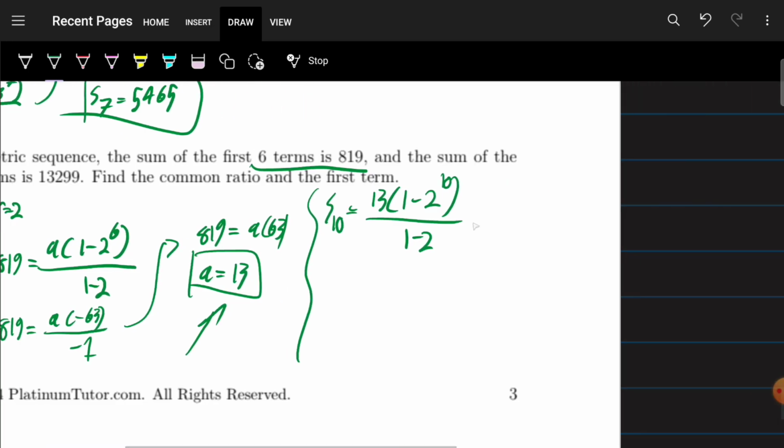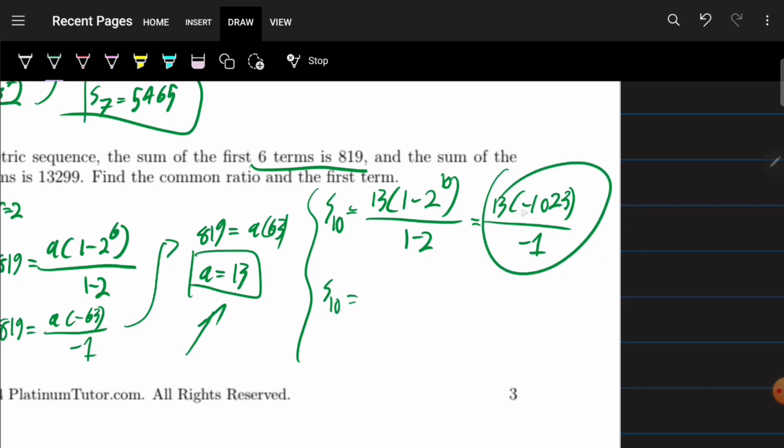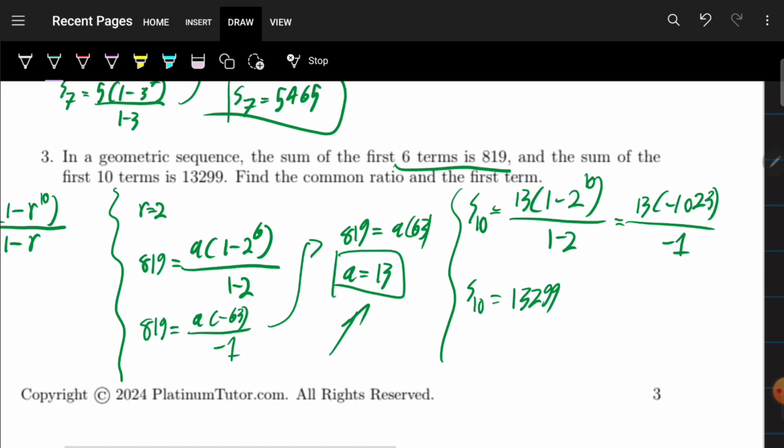So this is equal to 13 times negative 1023 all over negative 1. So S10 is, the negatives cancel out, 13 times that is 13,299. So we can see that with r equals 2, everything works out, right? We satisfy both of our conditions for the sum of the first 6 terms and the sum of the first 10 terms.